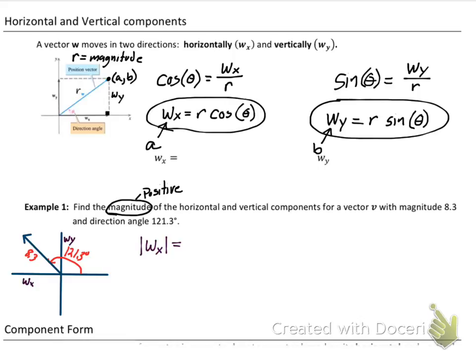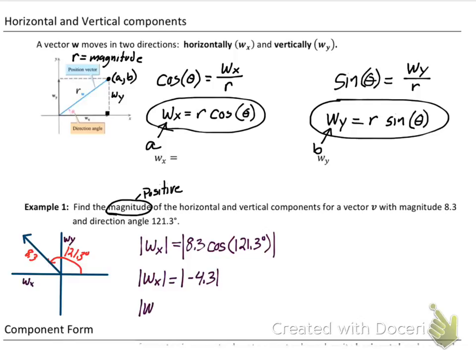Our magnitude here was 8.3, so we're going to have 8.3 times the cosine of our theta, which was 121.3 degrees. So I'm going to take the absolute value of all of that. I'm going to make sure that whatever I get is positive. When we plug that in our calculator, we're going to come up with the absolute value of wx is going to equal the absolute value of negative 4.3.